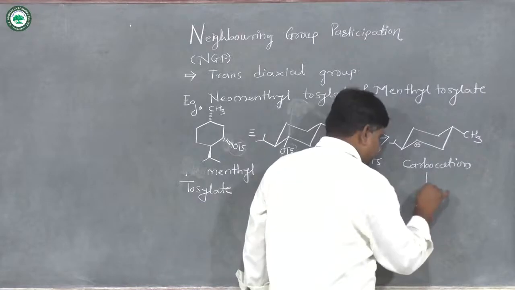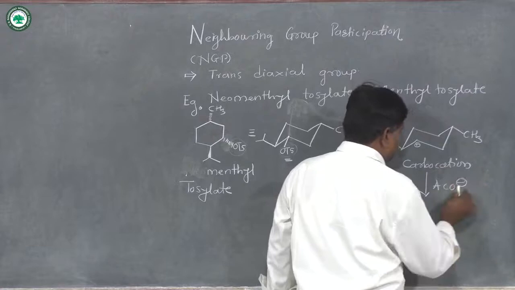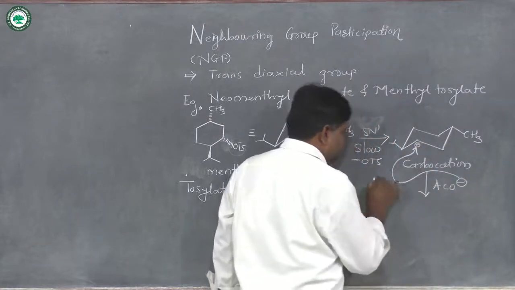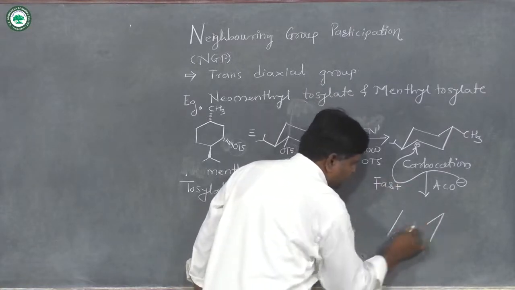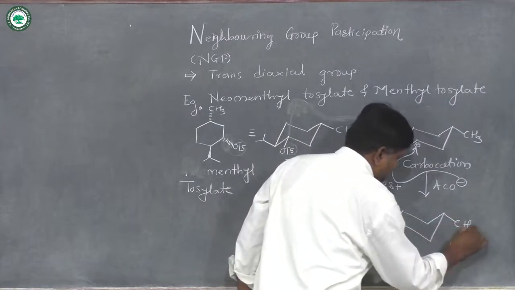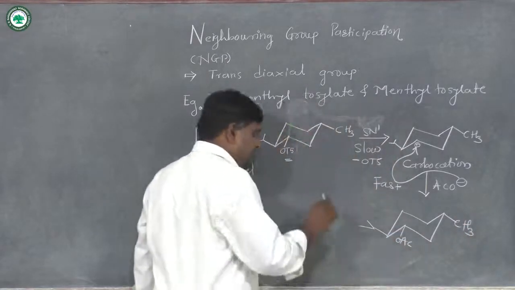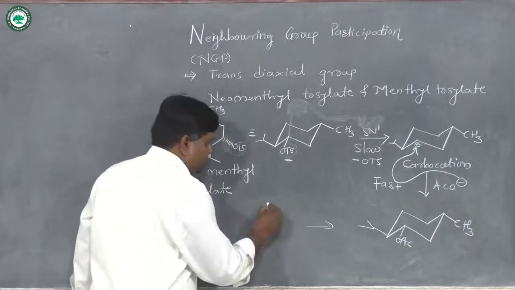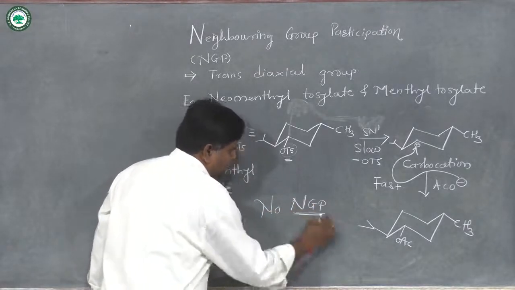And then the last step is attack of nucleophile on this positive charge, and that step is somewhat fastest, and we get a simple product like this. And in the second case, the methyl tosylate case, we write no NGP.